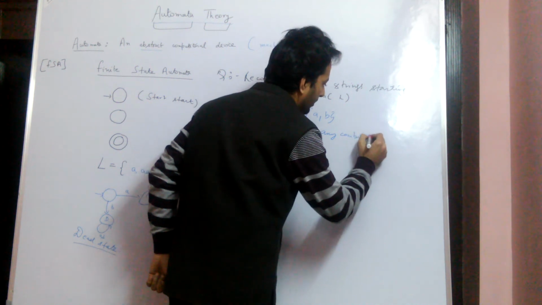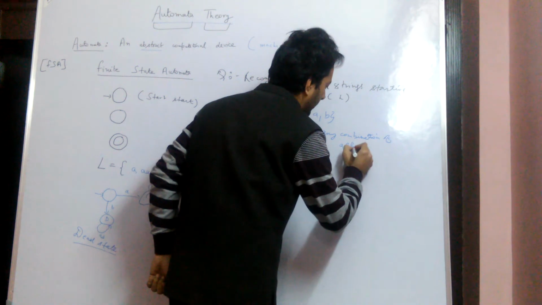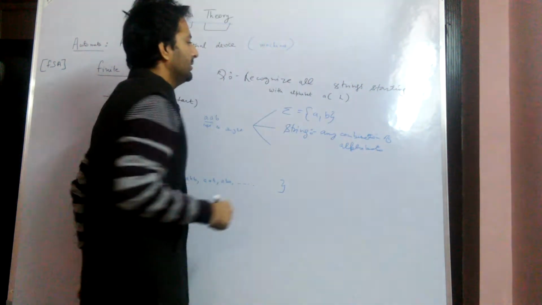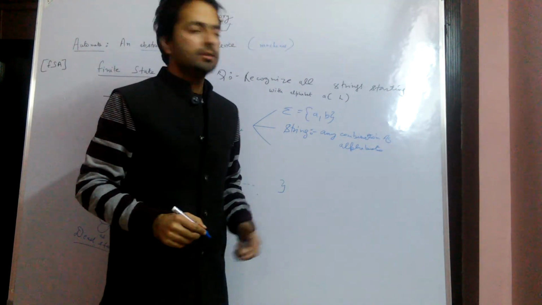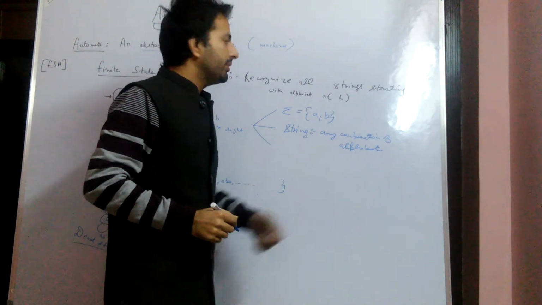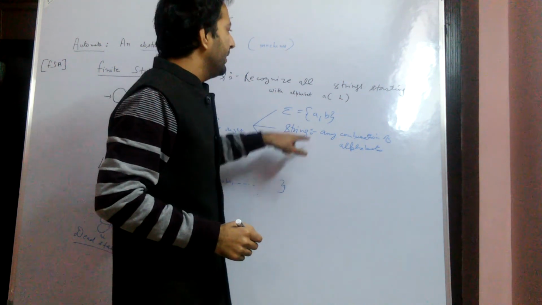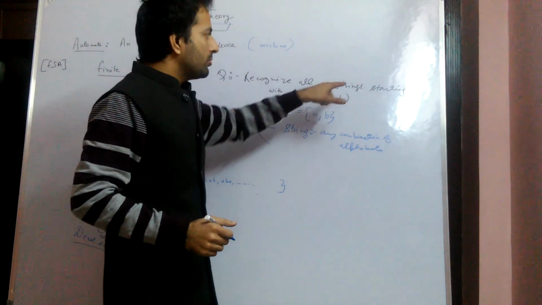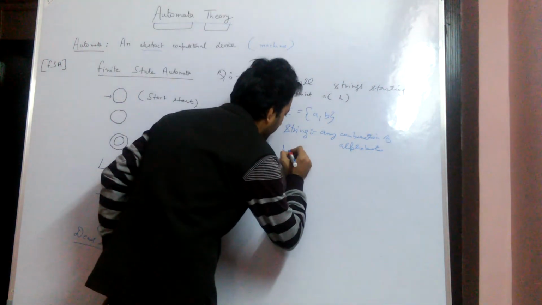I'm writing alphabet and not symbols, because the alphabet is a particular subset of the symbols which we are going to consider for any particular language. By language over here we mean all the strings belonging to the question which has been asked. So the third thing is the language.